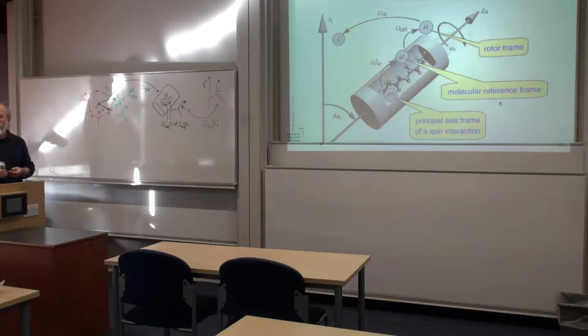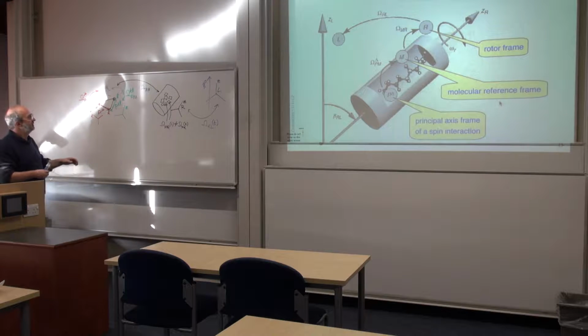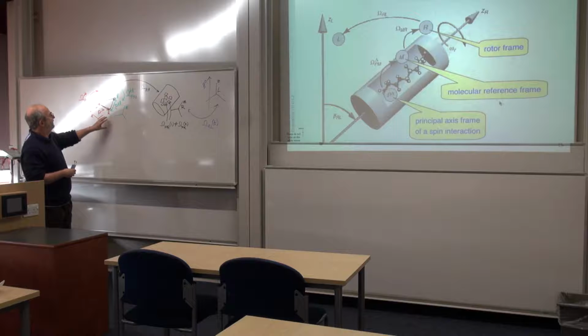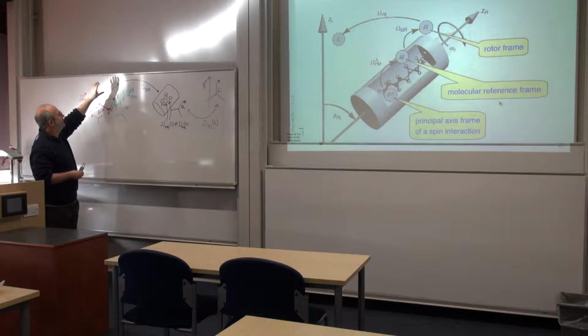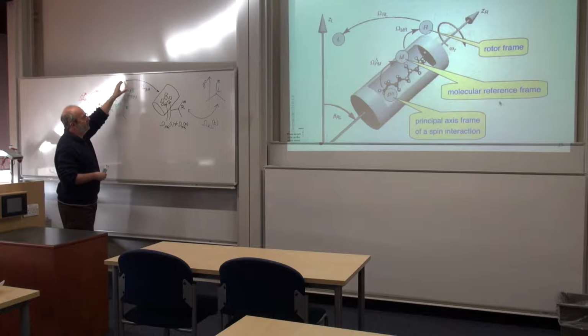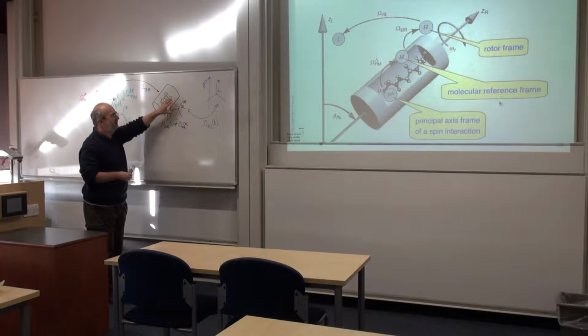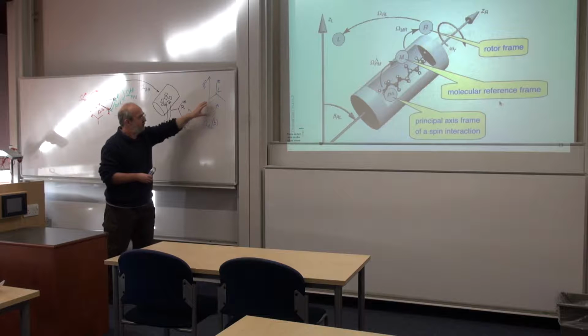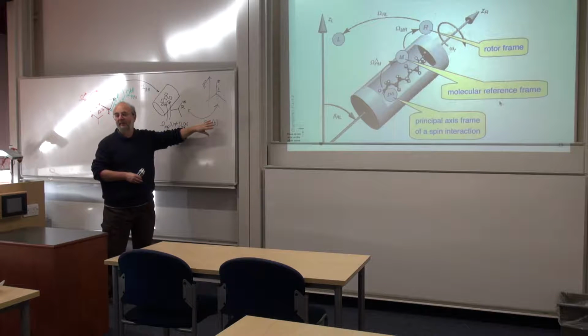So the spin Hamiltonian in a rotating sample is time dependent. You can start at the principal axis frame of an interaction, that gets transformed into the molecular frame, that gets transformed into the rotor frame, and that gets transformed into the laboratory frame, but that transformation is time dependent.